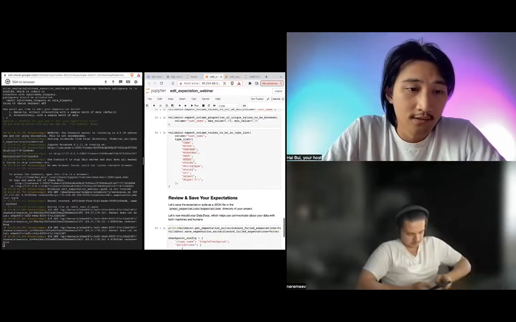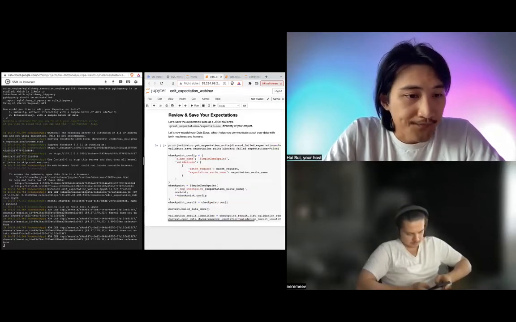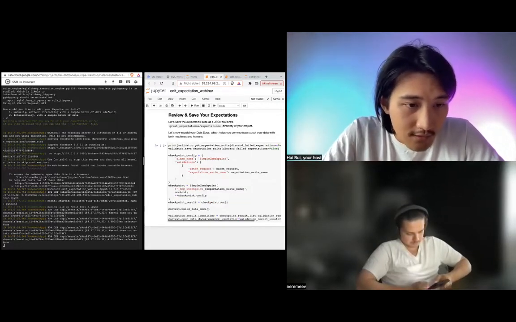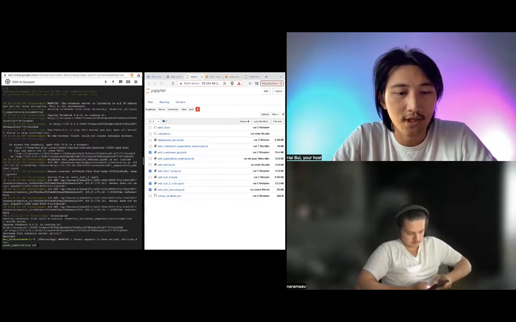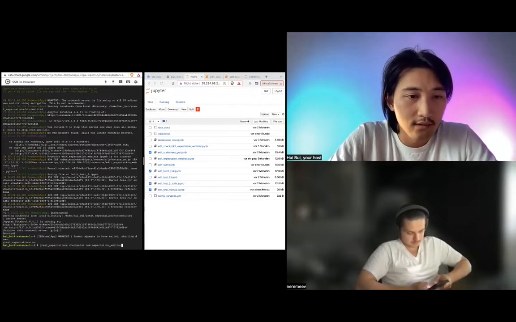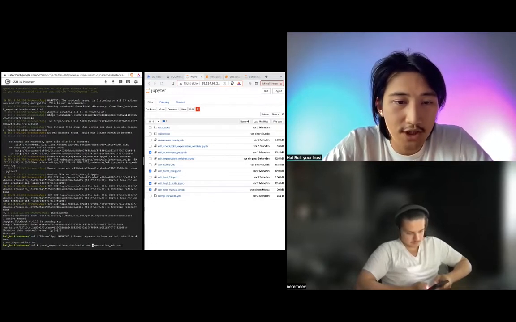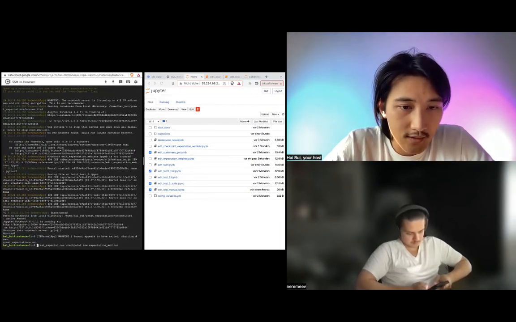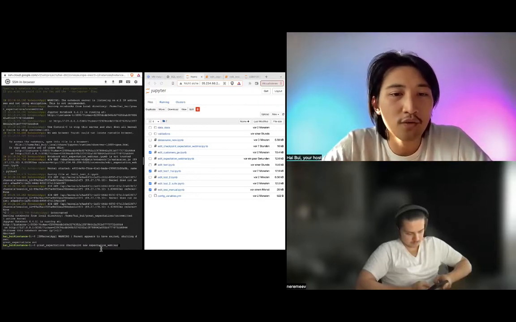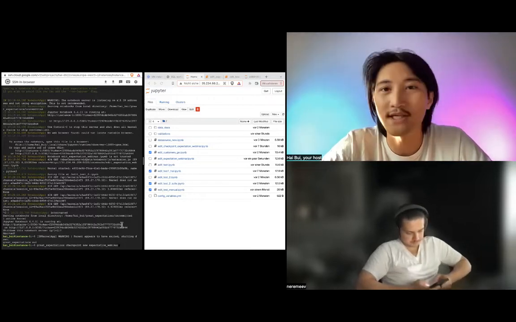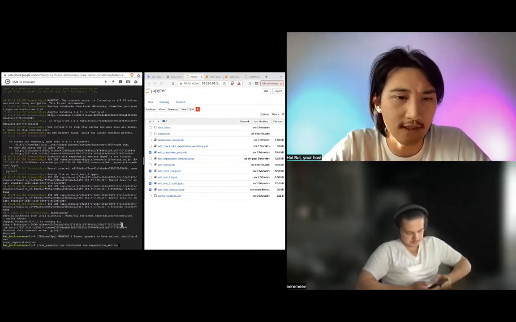And if you want to check, here, you would just run great expectations checkpoint new, and then suite is a collection of tests.